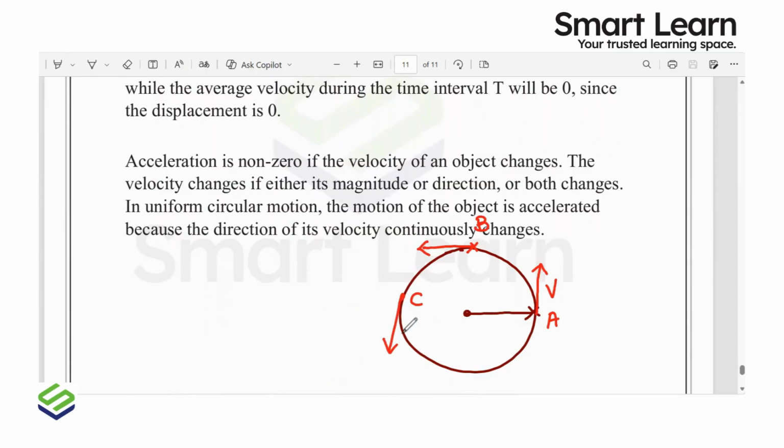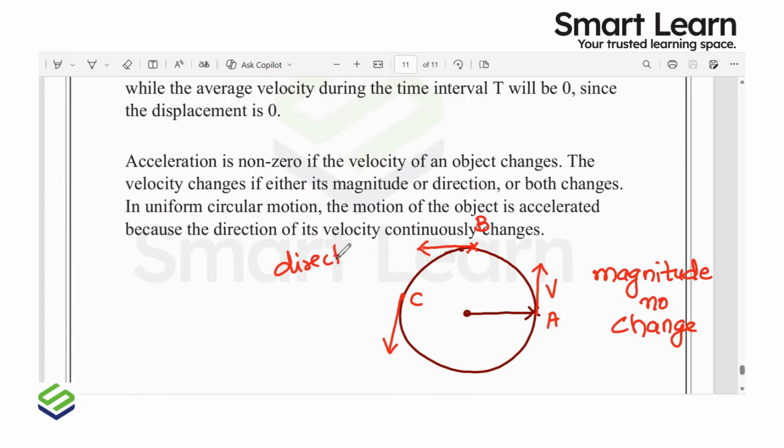So we have learned that whenever velocity changes, there will be acceleration. That velocity change can be either in magnitude or direction. If it is uniform circular motion, magnitude will not change because it is moving with a constant speed. Magnitude, no change. But the direction changes.